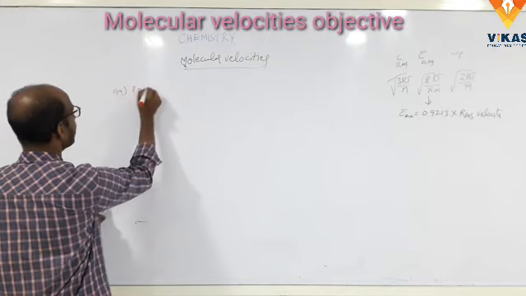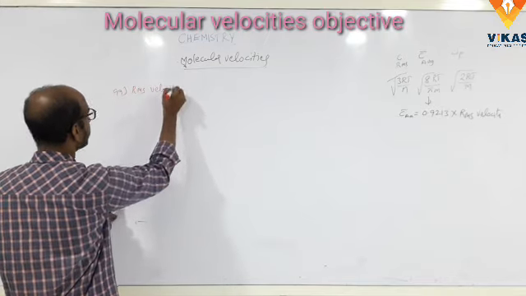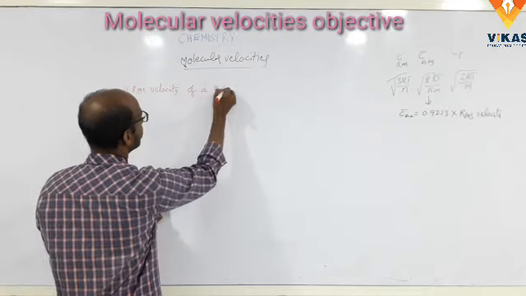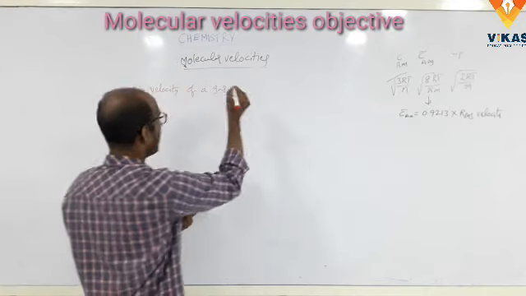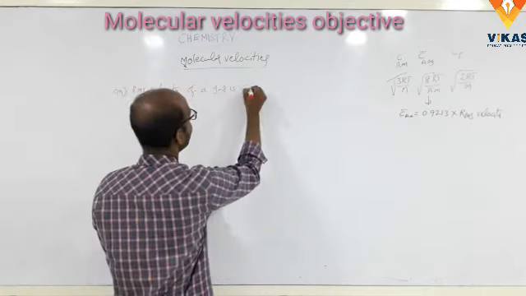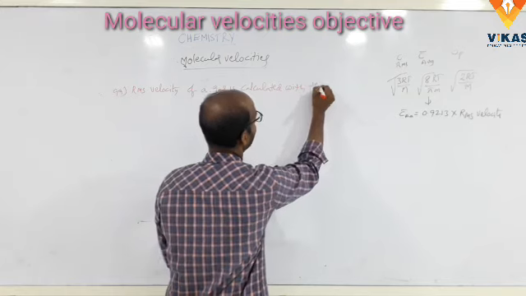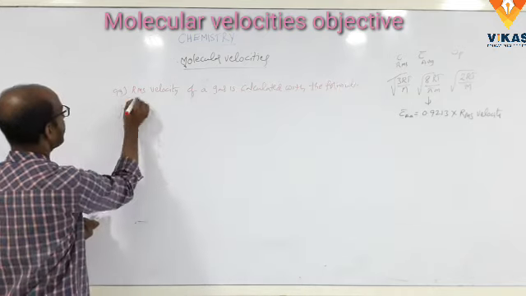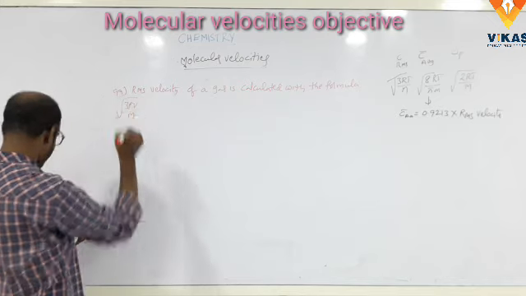RMS velocity of a gas is calculated with the formula under square root of 3PV by m.